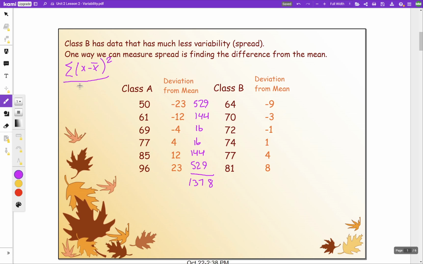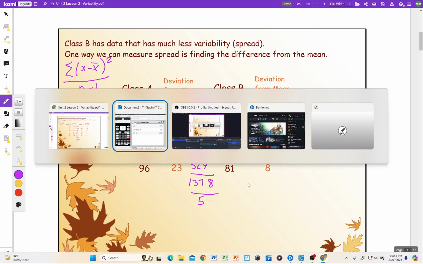Okay, so the rest of the formula looks like this. We now divide by n minus 1. Now, you may be wondering, why not n? We'll explain that in a second. So we're going to divide that by 5.